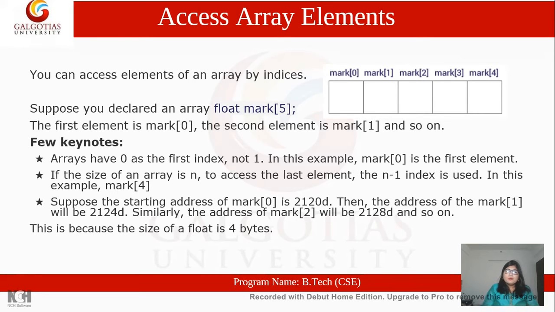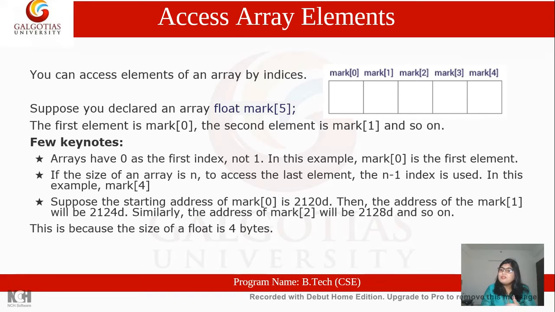Now suppose the starting address of mark[0], when I write mark[0] in braces, that means I am talking about the array element at index 0. Suppose this address is 2120D. Again, this is a hypothetical memory address which I am using to make you understand.